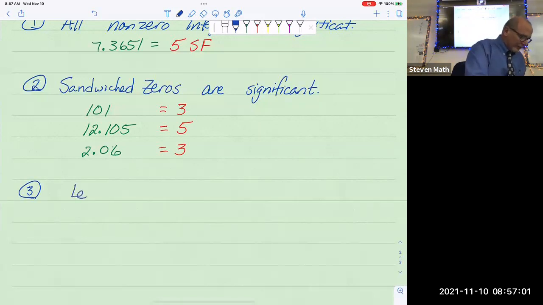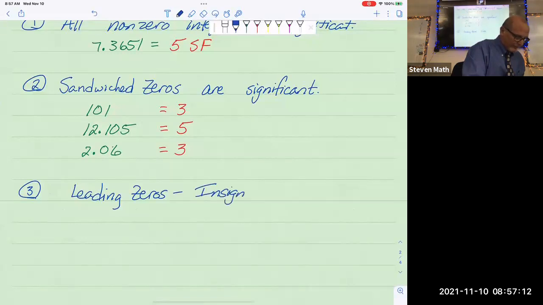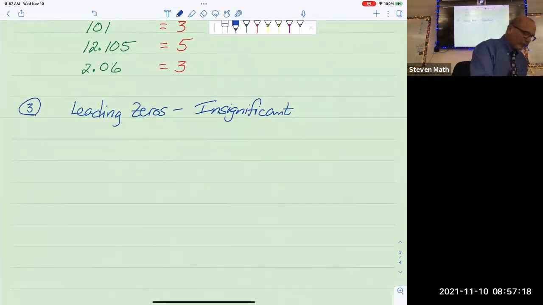Then there are leading zeros. These kids are insignificant. Matter of fact, you don't even see me write leading zeros. Like 0.0123.